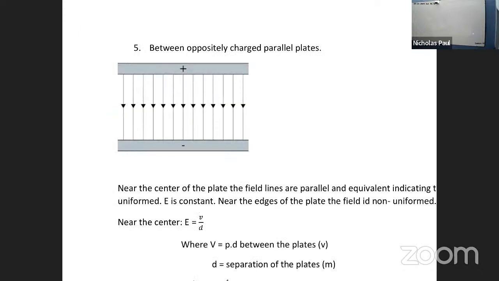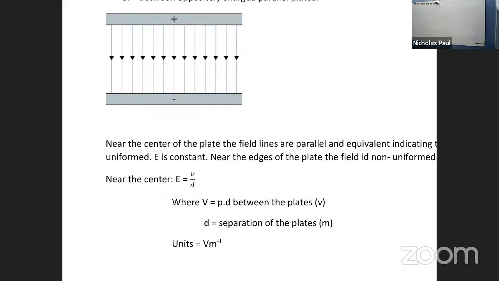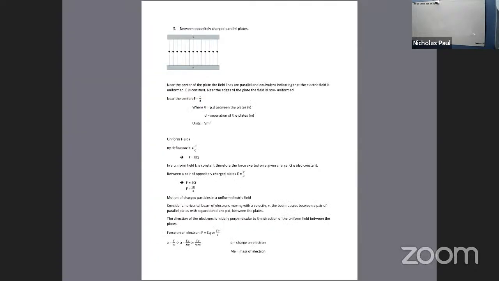We talked about this a little while ago. Between oppositely charged parallel plates, you recognize how nice and uniform the field lines are. The electric field strength is the potential difference divided by the separation of the plates. That's what we just talked about.